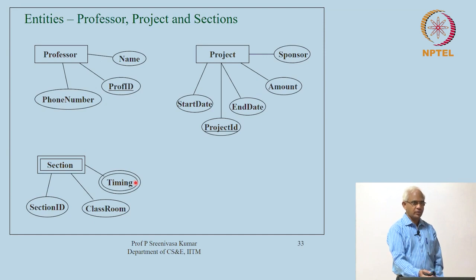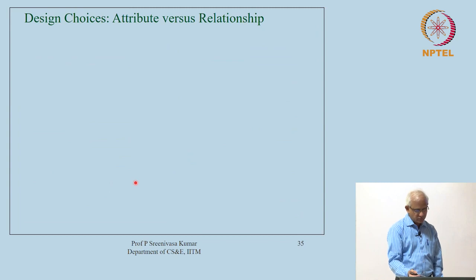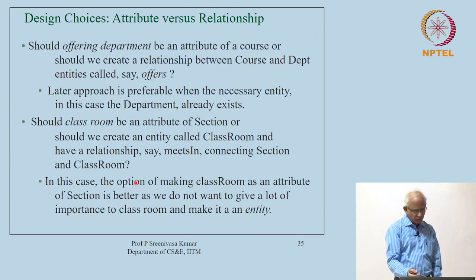Okay. So these are some of the design choices that we will have to make when we construct the model. It again depends on the domain knowledge that we are supposed to capture, and the usage of that information.